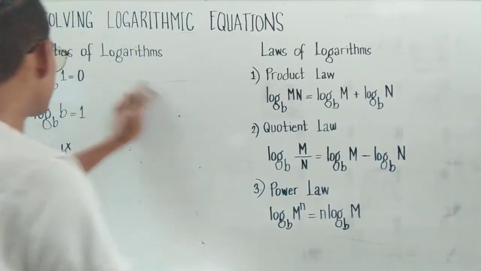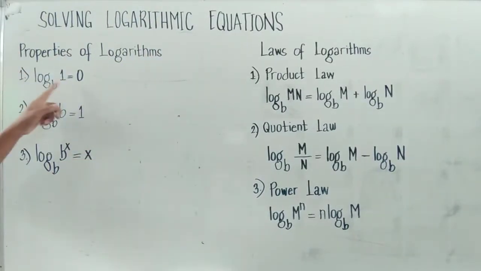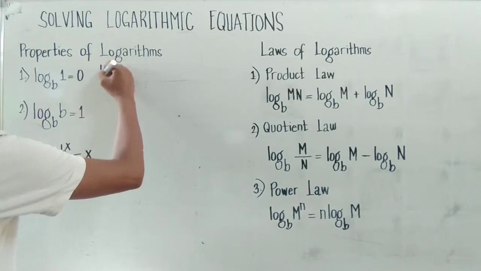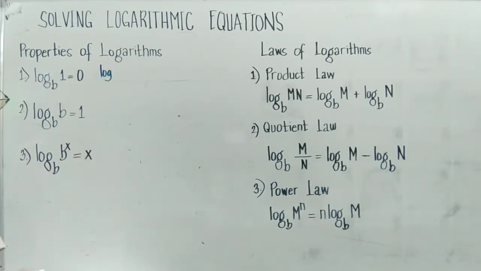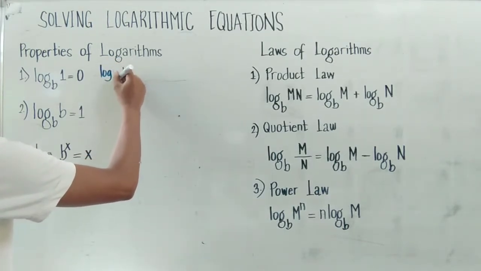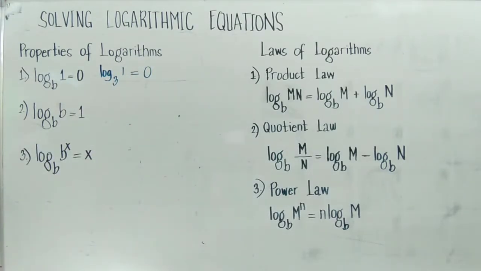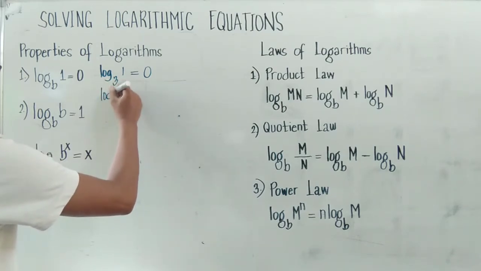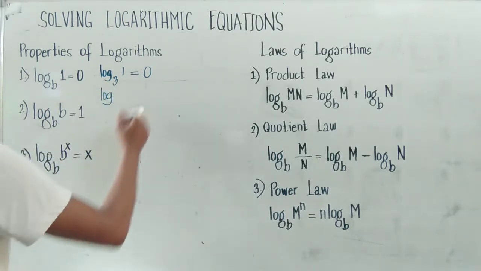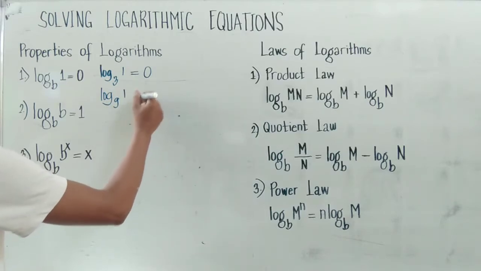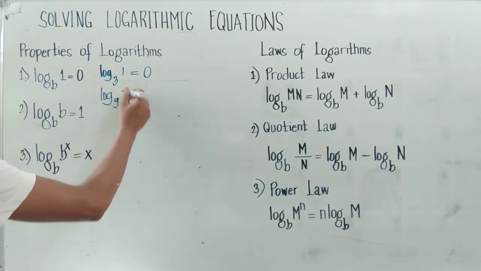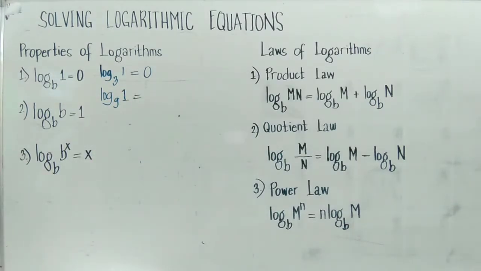Property number 1: log of 1 base b is equal to 0. For example, log of 1 base 3 equals 0, and log of 1 base 9 is also 0.